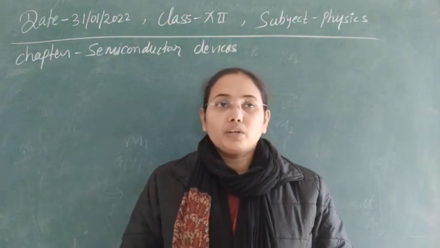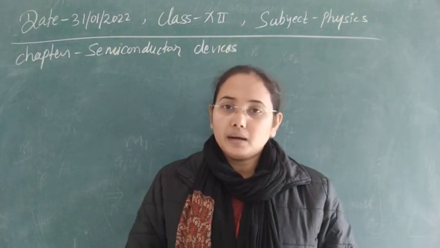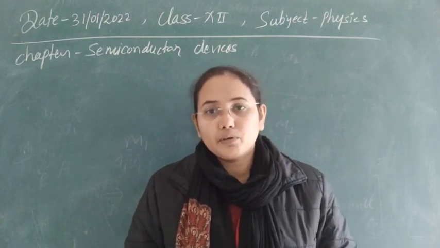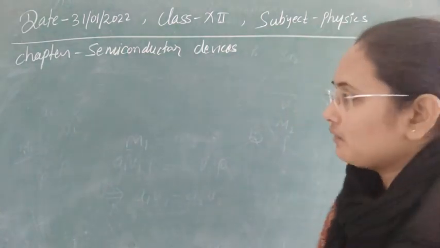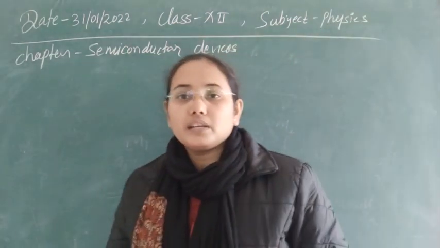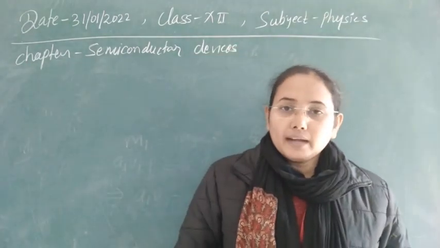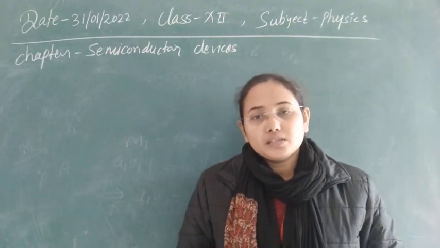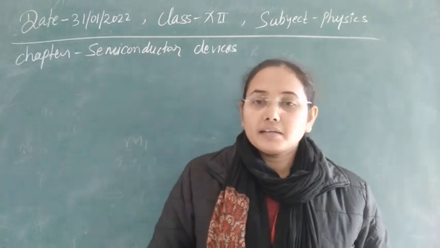Now for the band picture, up to now we have studied the concept of spectrum. There we have seen that normally the electron lies in its ground or normal state. That ground or normal state is also known as its valence state or valence shell.